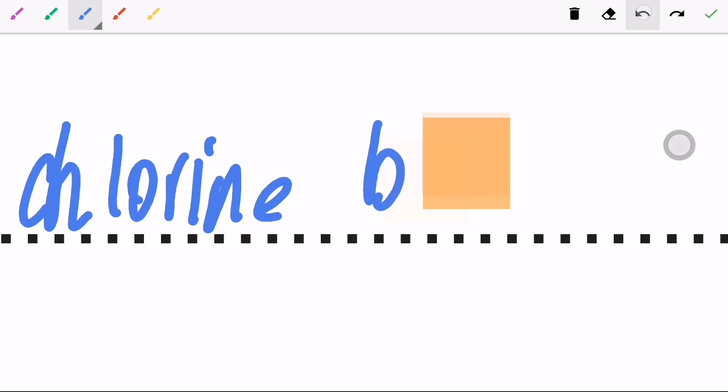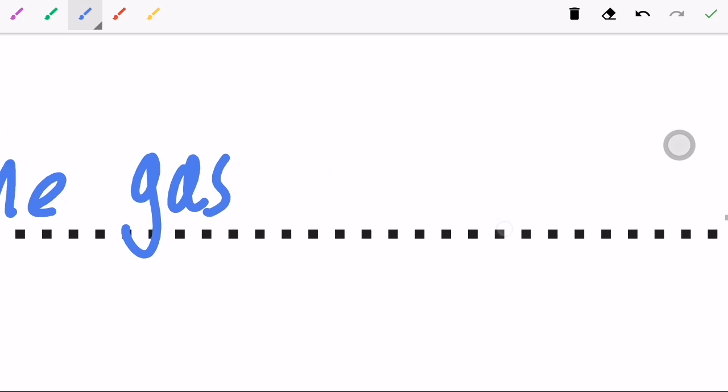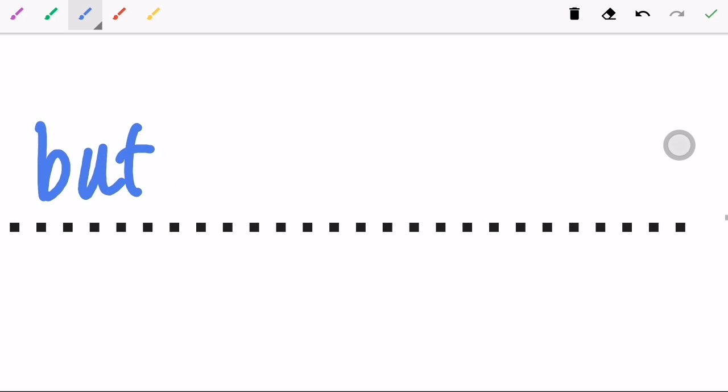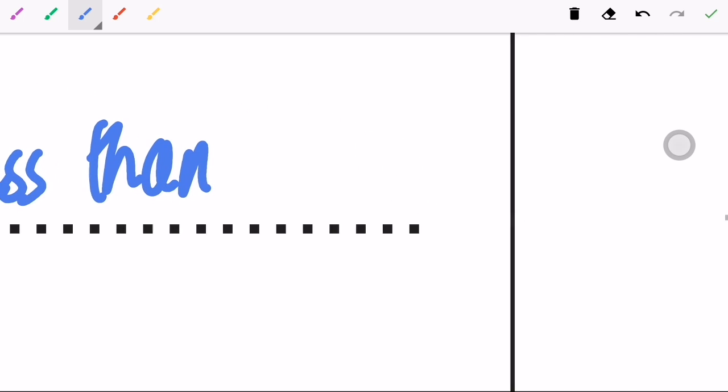Chlorine, wait, there's a magic word: to show that it is Cl2 and not just Cl, say Cl2 is a gas. But fewer than Br2, right?